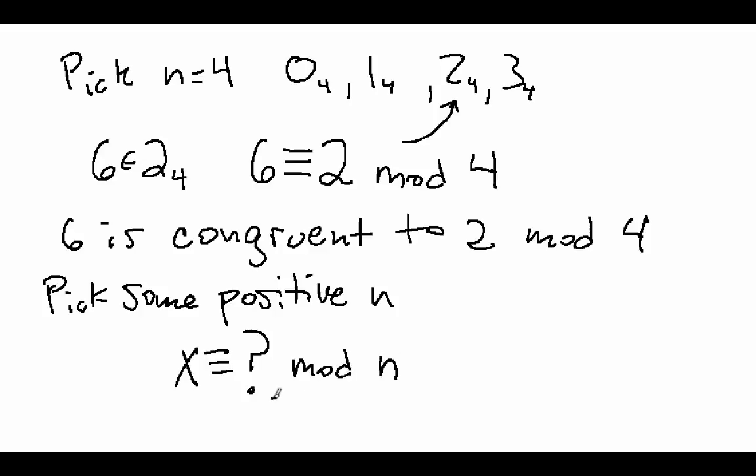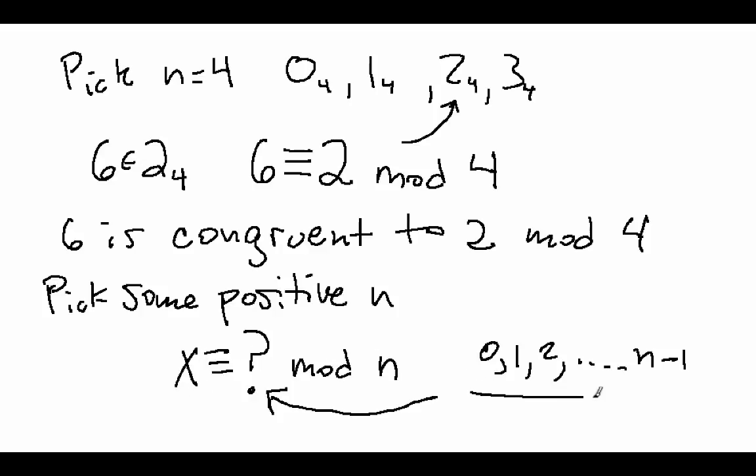And the question is what can question mark be? Well, we know that question mark could either be 0, 1, 2, all the way up to n minus 1. Regardless of what this integer x is, we know that question mark can assume one of these n values right over here.